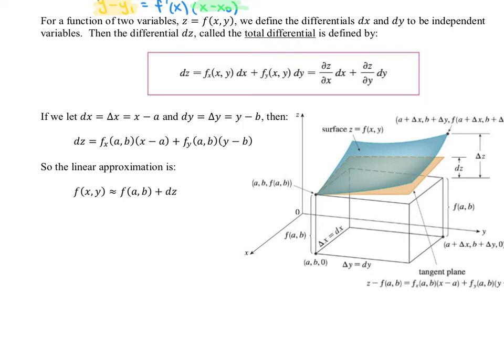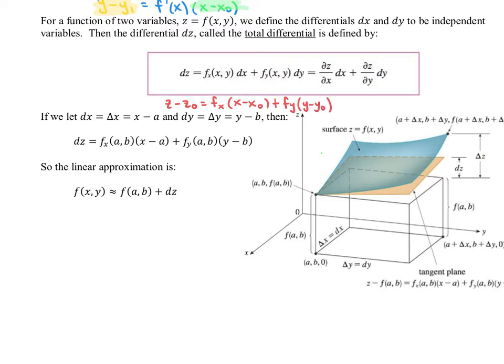So here's your formula for the differential dz, and notice that you have the partial derivative with respect to x multiplied by the differential dx, and the partial derivative with respect to y multiplied by the differential dy. You could write it differently if you want. Okay, so here's the connection. You have z minus z sub naught equal to the partial derivative with respect to x multiplied by x minus x sub naught, plus the partial with respect to y times y minus y sub naught.